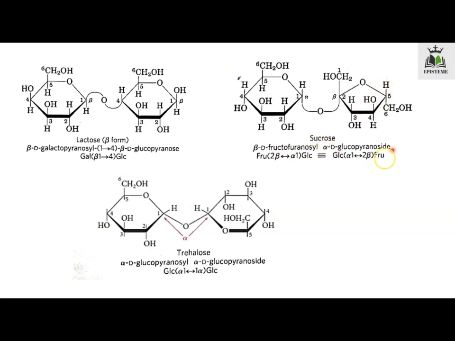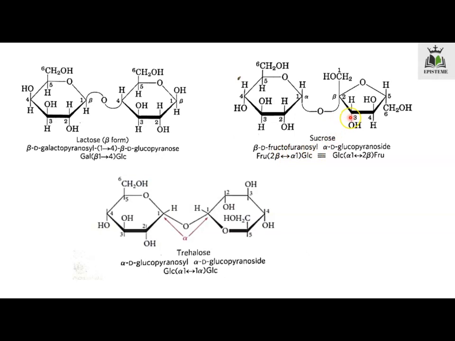So here this one is written first, but both procedures are correct, whether we consider this one first or this one. But since it is written here in alphabetical order, let's consider this one. So it is beta D fructofuranosyl.